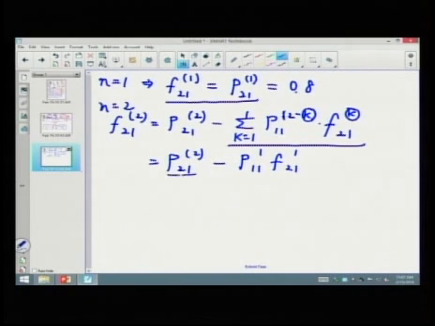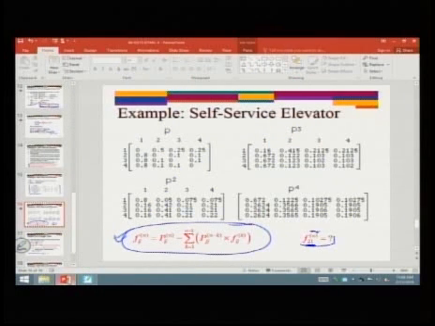And we know all of these values from the given probability matrices. So what is this? Is that going to be 0.16, right? From this matrix, right? 2, 1 is right here. So the first value is 0.16, and then what is the next value?